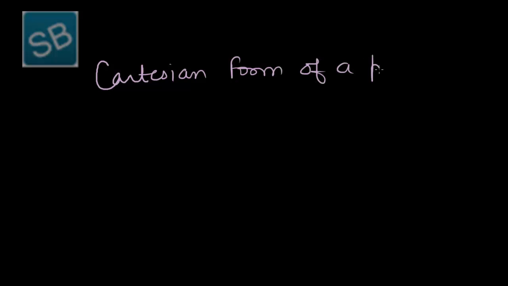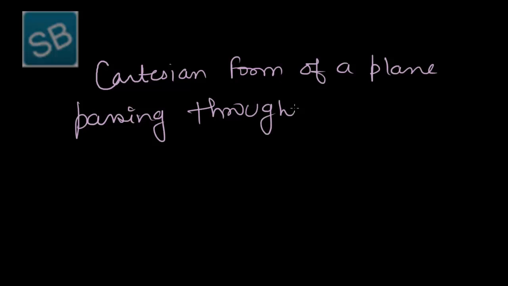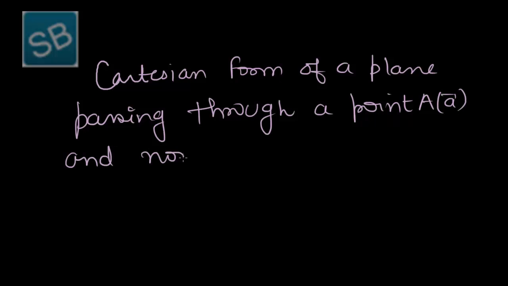Now we are going to find the Cartesian form of a plane passing through a point A and normal n.